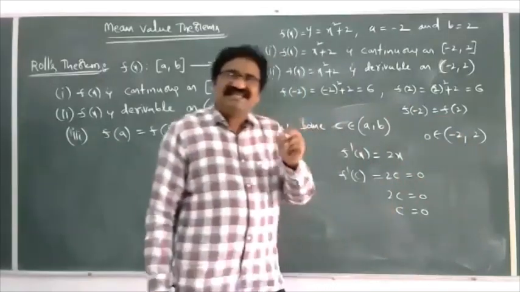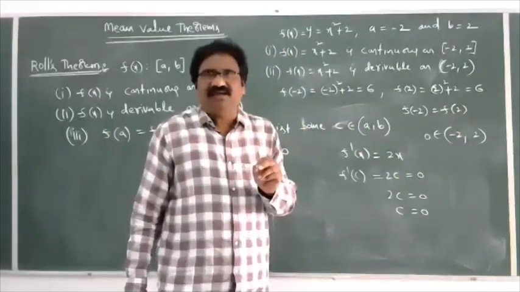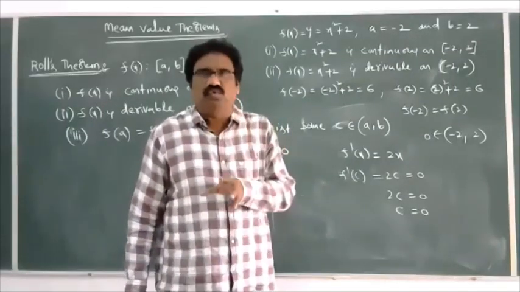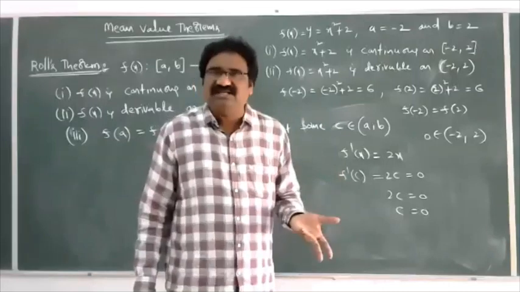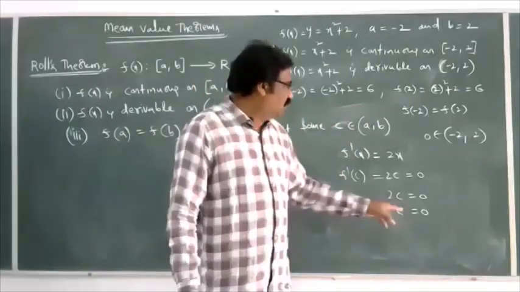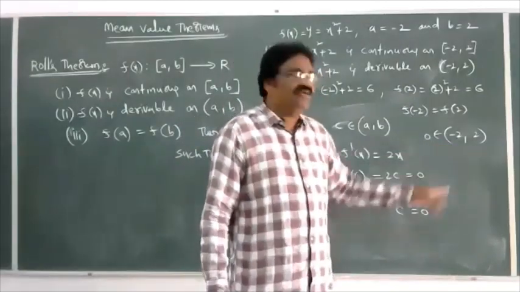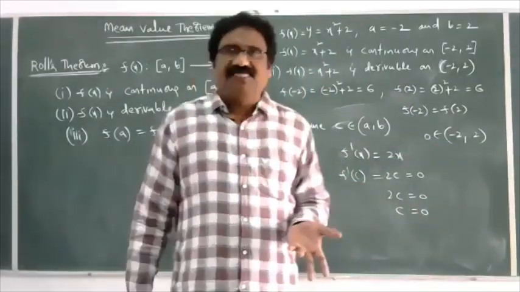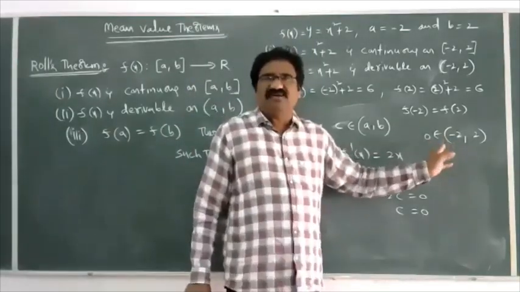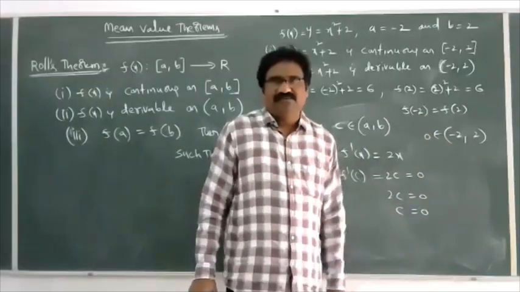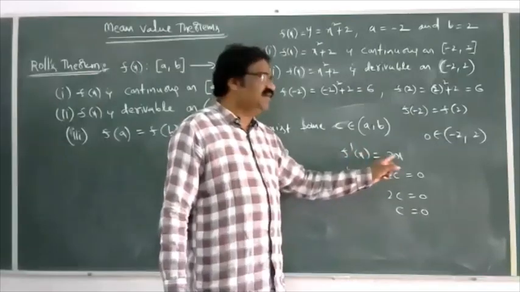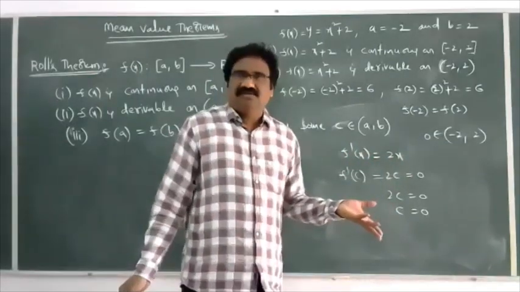That means c is equal to 0 is a real number which lies in the given interval open minus 2 to 2. f dash c, that is f dash 0, is equal to 0, since f dash x is 2x. That is Rolle's theorem.